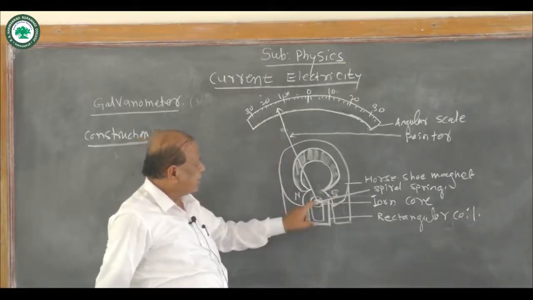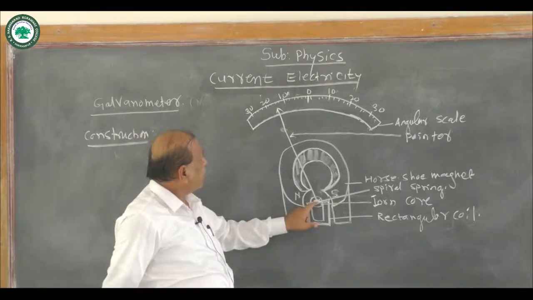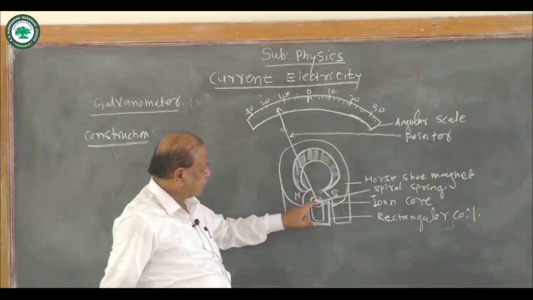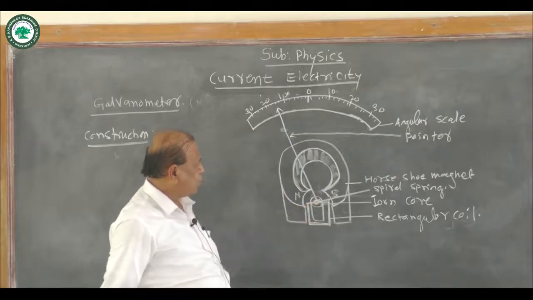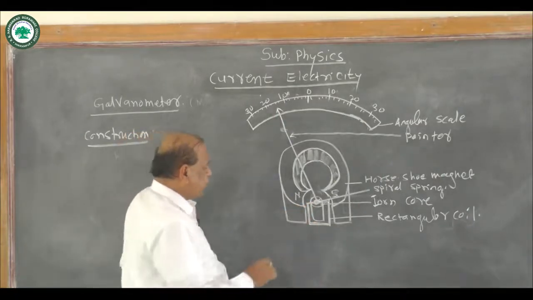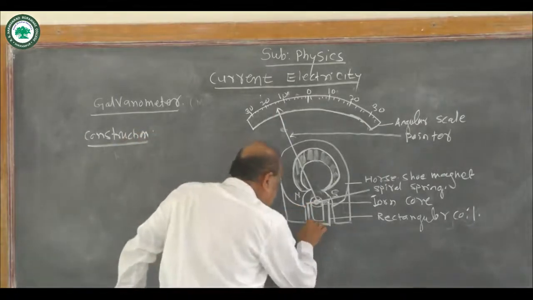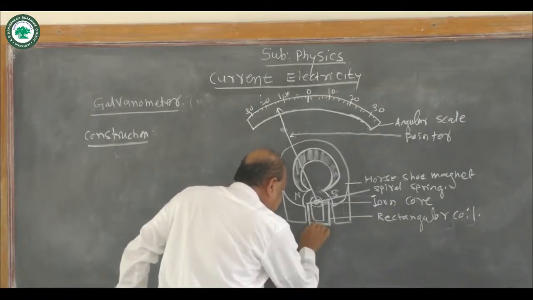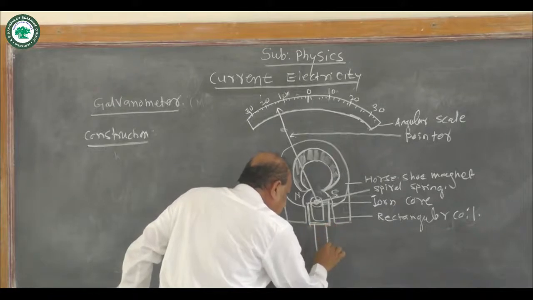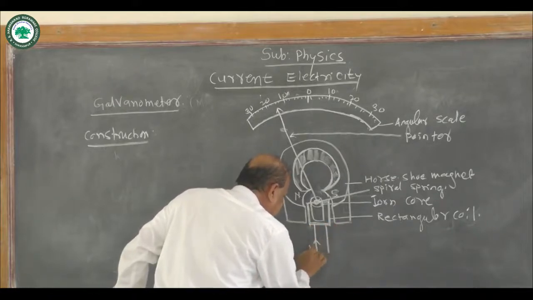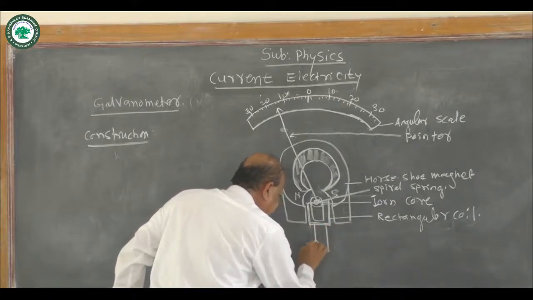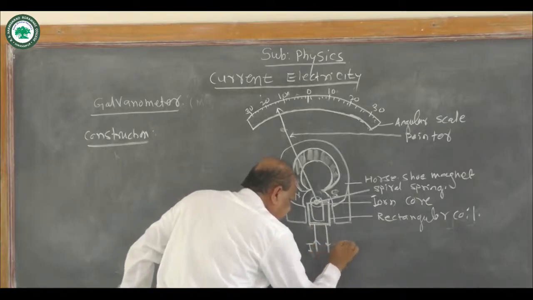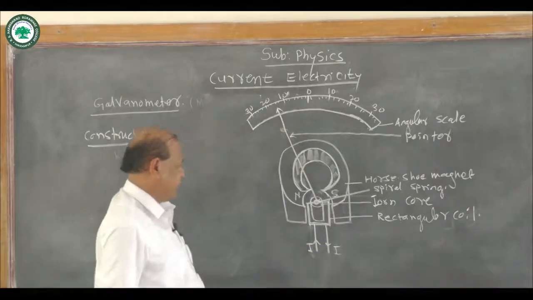And now here is a spiral spring. This pointer is joined to this rectangular coil, and through this rectangular coil current will be entering here and current will be leaving here.